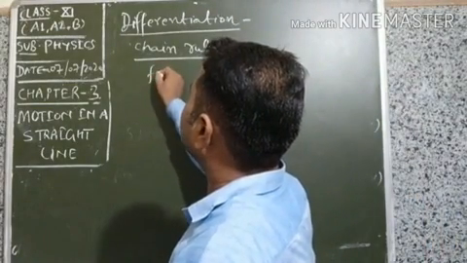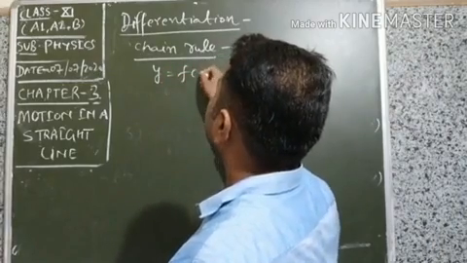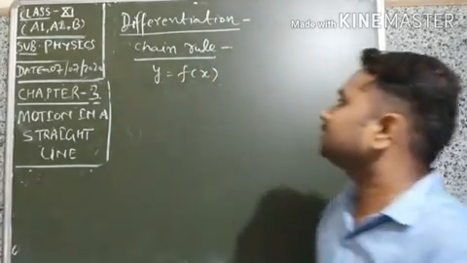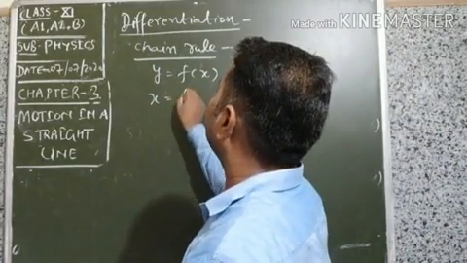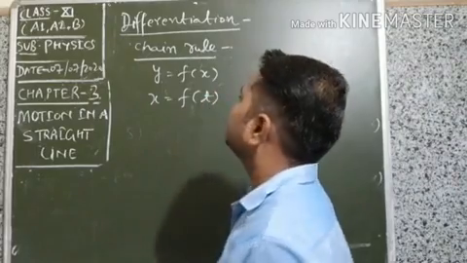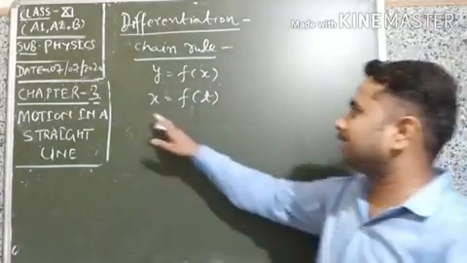Suppose y is a function of x, and x is a function of t. See here, y is a function of x and x is a function of t.